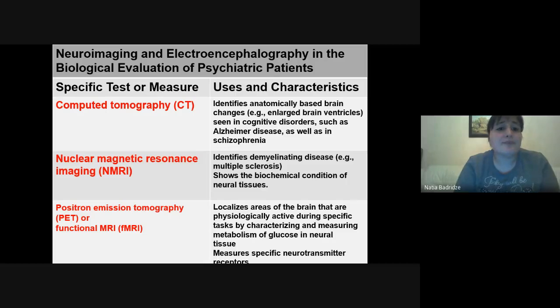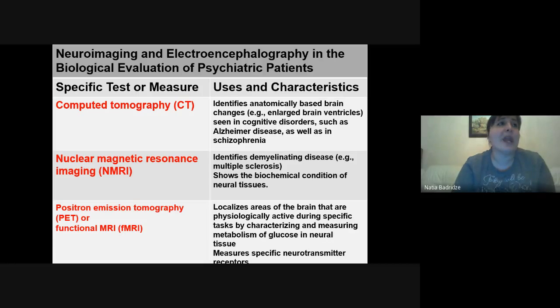For example, computed tomography, or the CT scan, identifies anatomically based brain changes, for example, enlarged brain ventricles, which is seen in disorders such as Alzheimer's disease and schizophrenia. So that's why we need the CT scan.